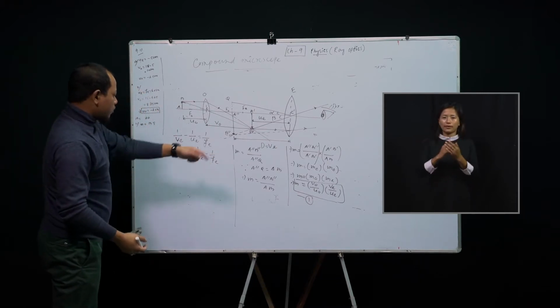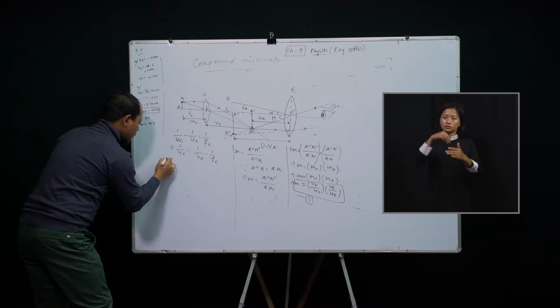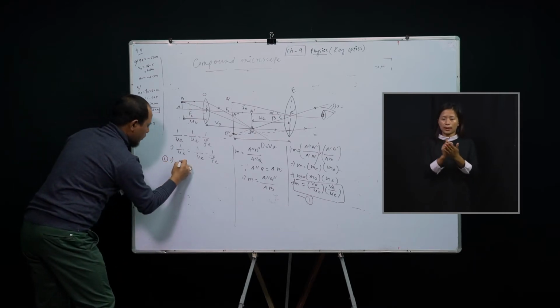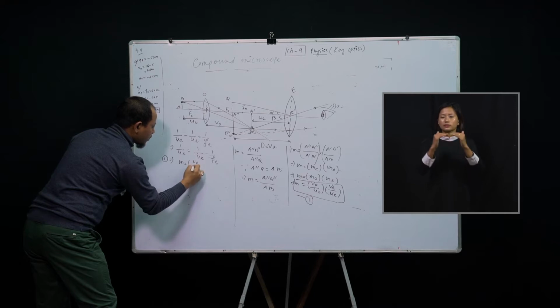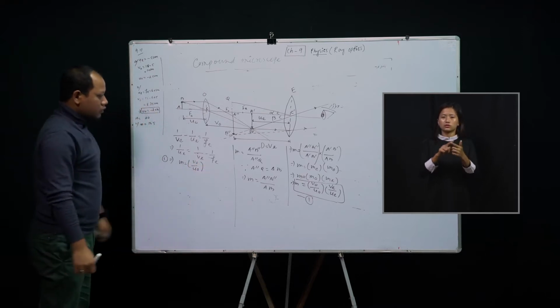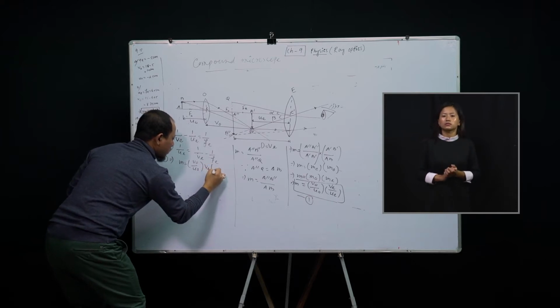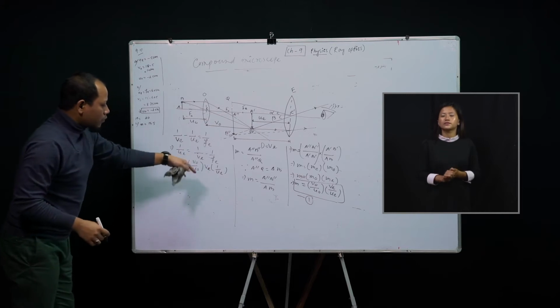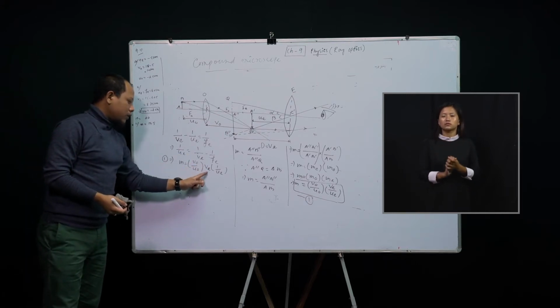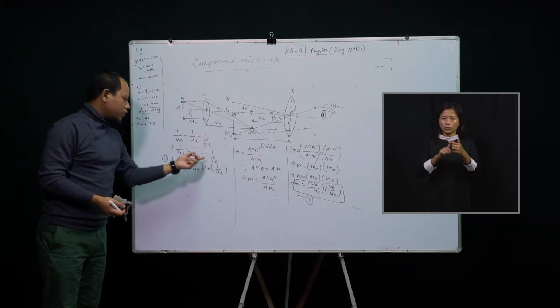Now from equation 1, let's put the value. M equal to V naught divided by U naught into VE into 1 by UE. If I multiply VE by 1 by UE, it gives the expression VE divided by UE.